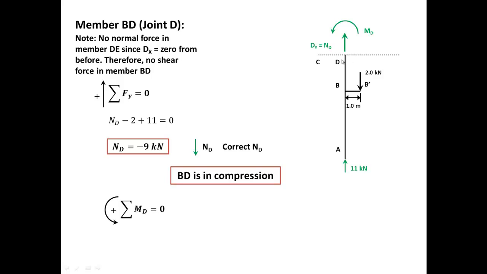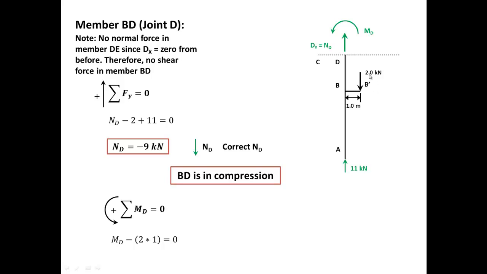Now the summation of the moments about point D should equal to 0. MD, of course, this force doesn't come into play because it passes through the point of rotation. So the only one I should care about is this force, the 2 kilonewton, that's acting on member BB prime.